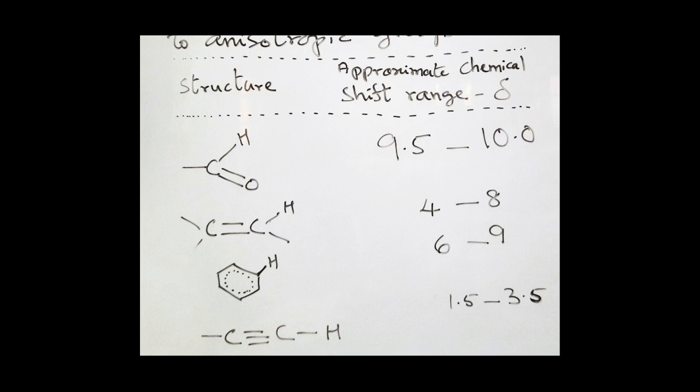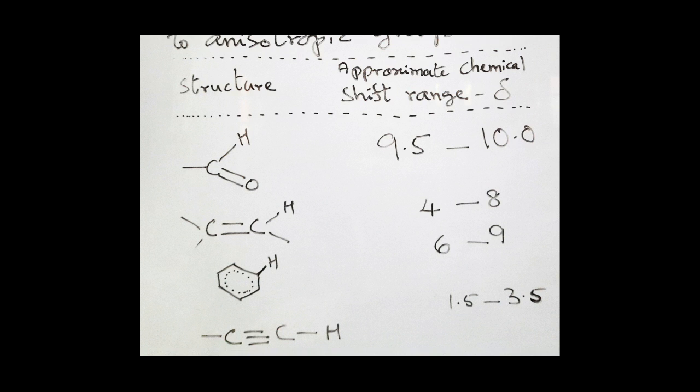In benzene, we have 6 protons, all in the same environment. If it is substituted, the environment of the protons varies. If it is mono-substituted, we have 2 ortho protons, 2 meta protons and 1 para proton. The chemical shift value delta is in the range of 6 to 9 parts per million.